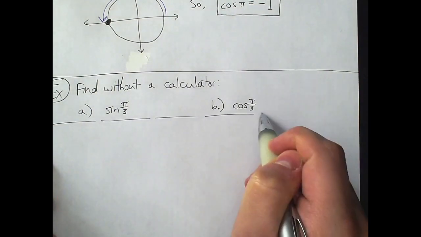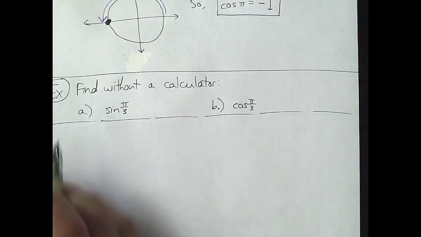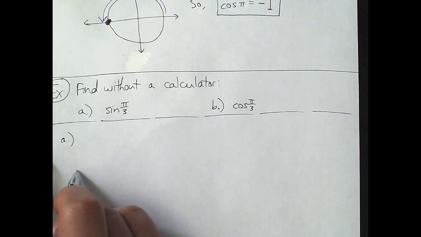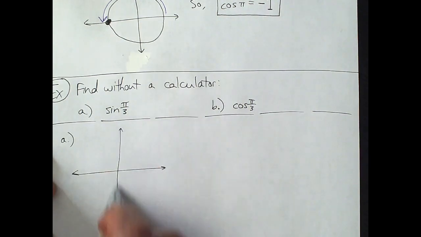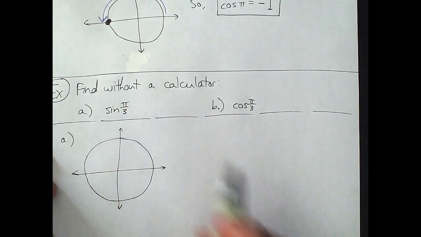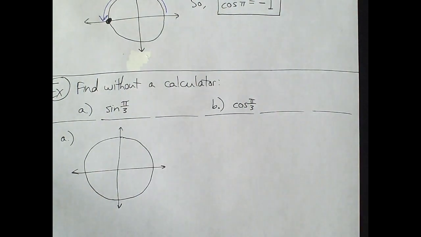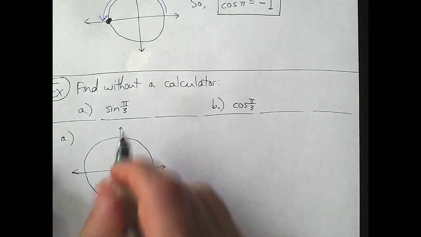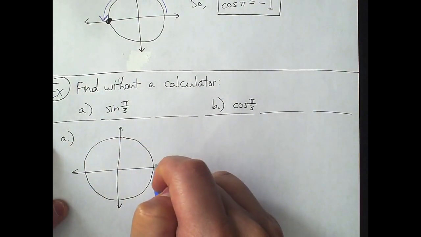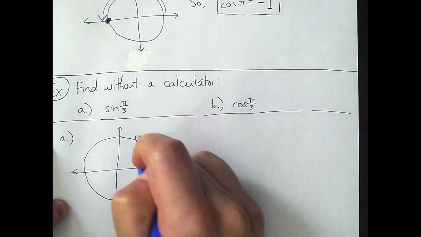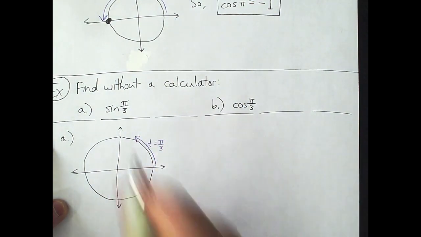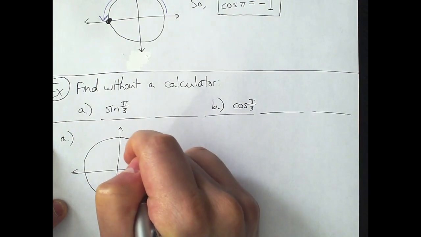So really, these two problems, we can kind of solve both of them at once. So we draw a scratch work unit circle. And by the way, you could do this without a scratch work unit circle if you want. If you remember some common terminal points, you'll say, hey, I know that t equals pi over 3 takes me to this terminal point that was on a little table last time.